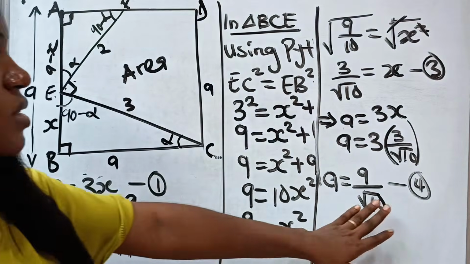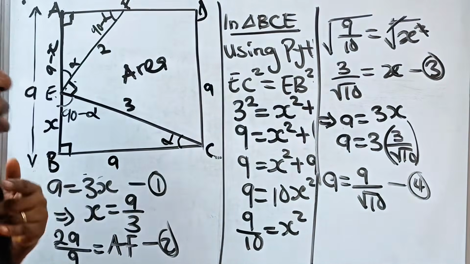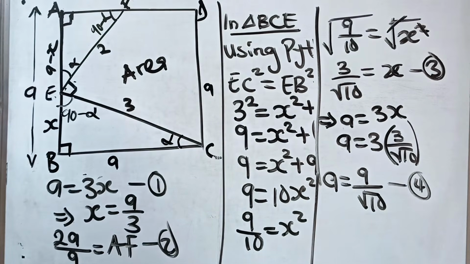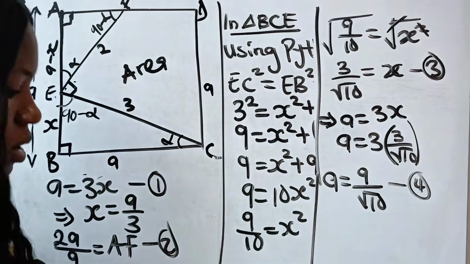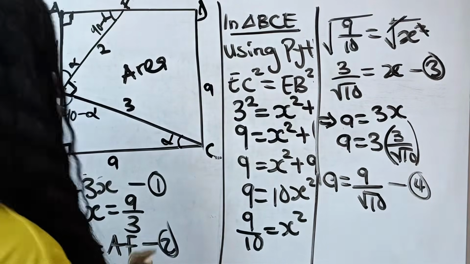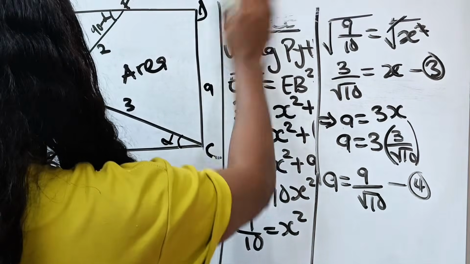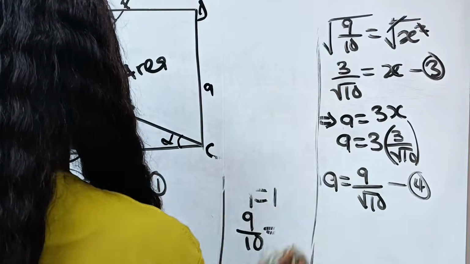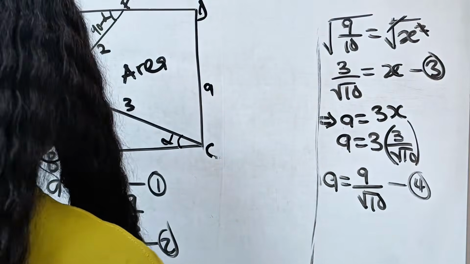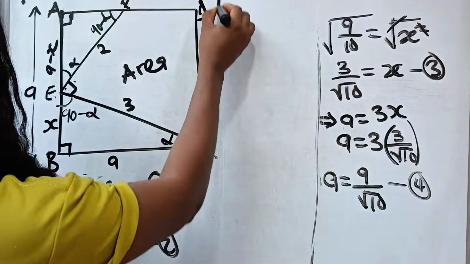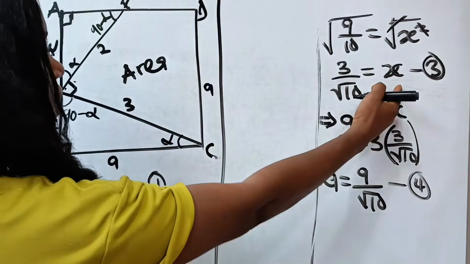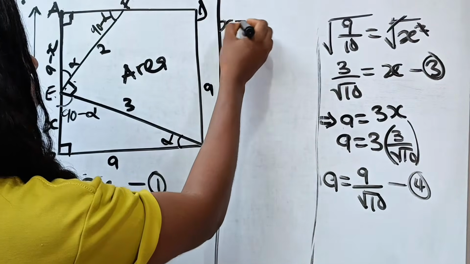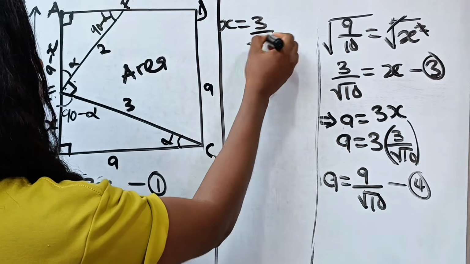Now all these equations are what I need to do what I want to do. All right, so let me write the things that we got. According to equation 3, we have X is equal to 3 over root 10.